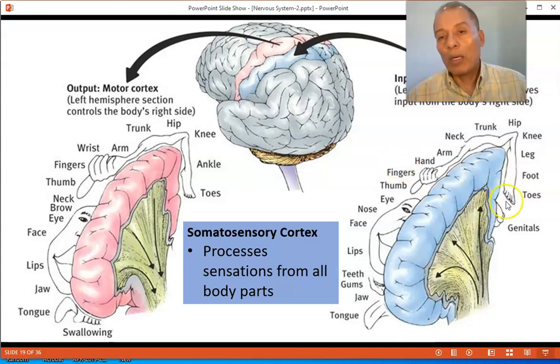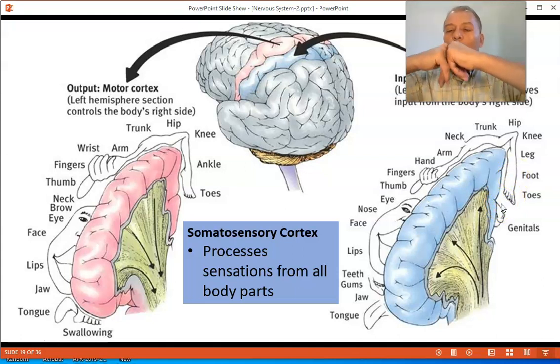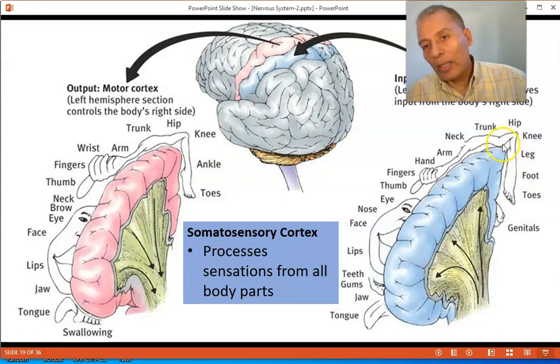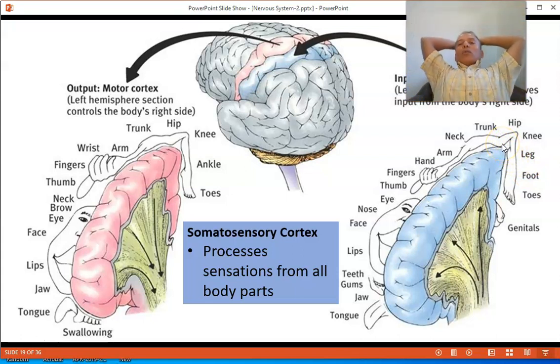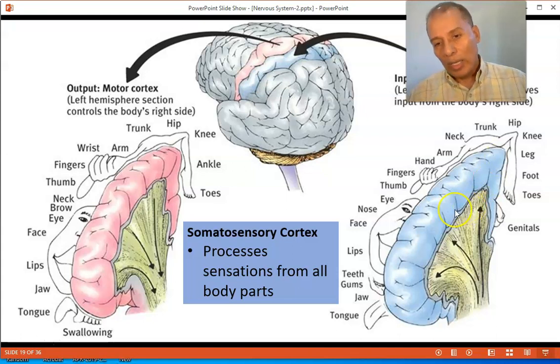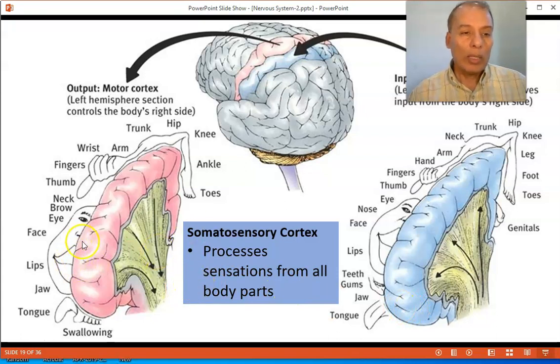So the feet are the parts that are dedicated to the toes and the feet are in between, buried within the longitudinal fissure. And then as you go back again, the person is like a person lying on his back all the way down. And then you can see that a big part is dedicated to the hand, and a big part to the face, a big part to the tongue and the lips. So again, here you get the motor activity, and here you get the sensation about the movement and any sensation from that organ.